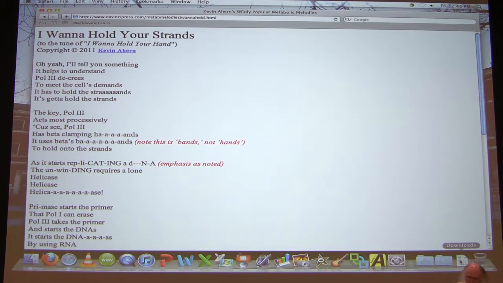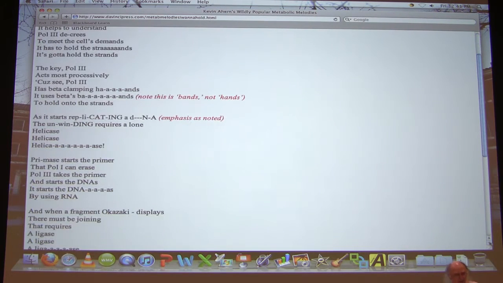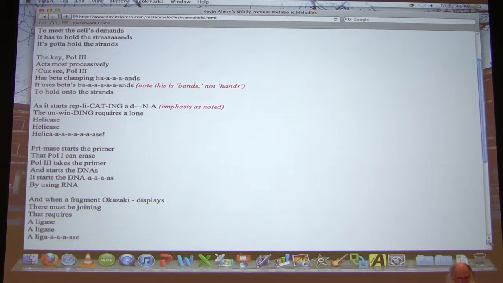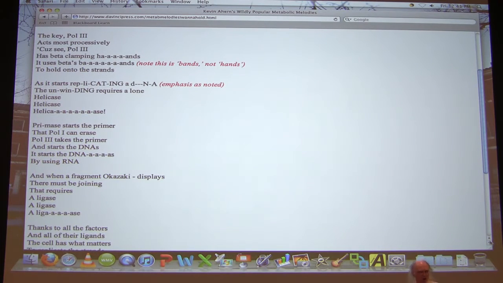The key, Pol 3, acts most processively. 'Cause see, Pol 3 has beta clamping hands. This is beta's bands to hold on to the strands as it starts replicating a DNA.